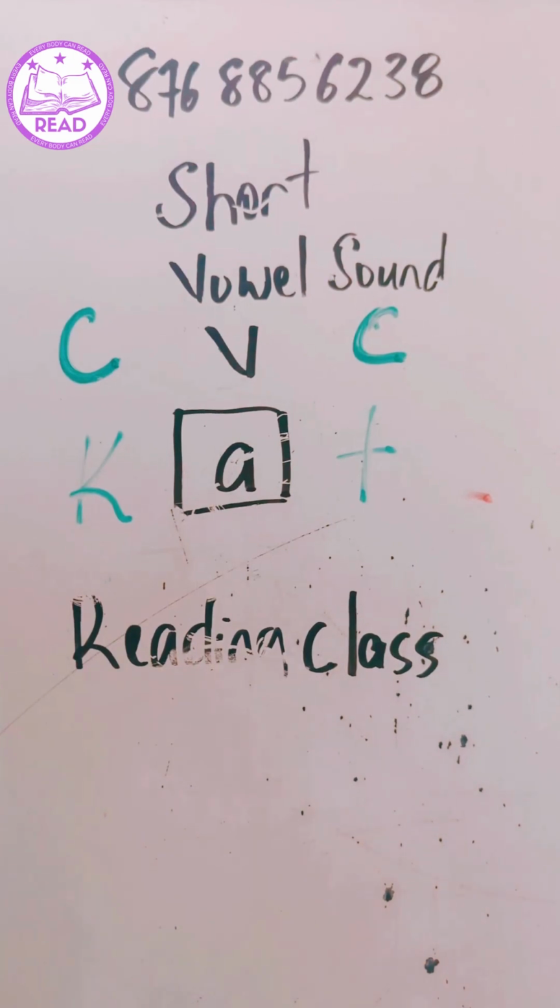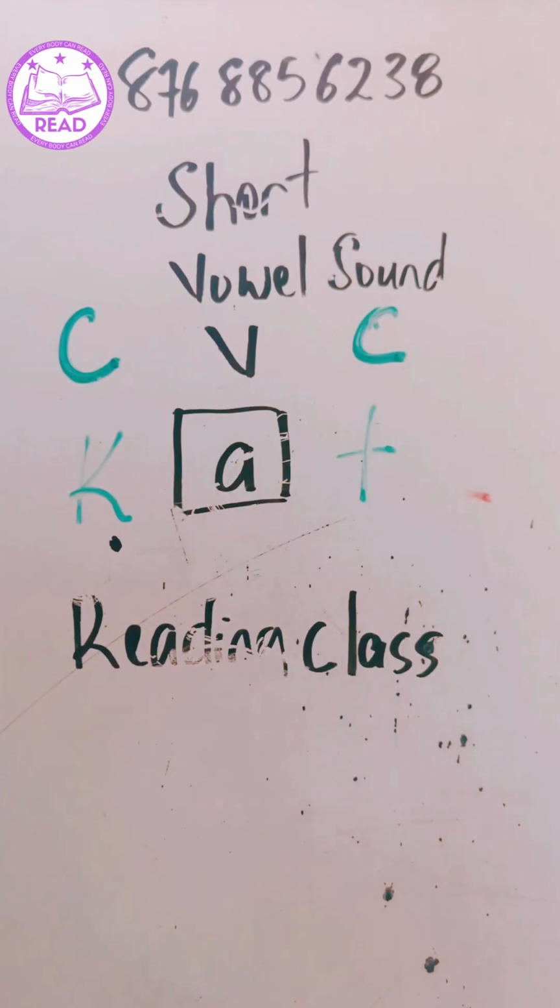What sound does the letter K make? The letter K and the letter C can make the same sound. Now, the letter C has more than one sound. The letter C can sound like a K and an S. But when I do the letter C, we have the letter K. I just want to mention that.